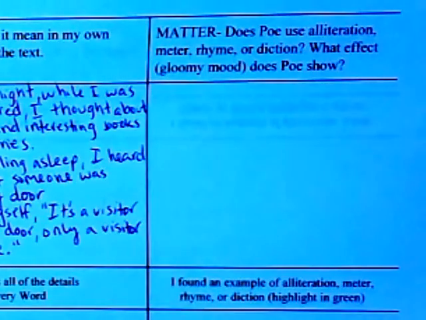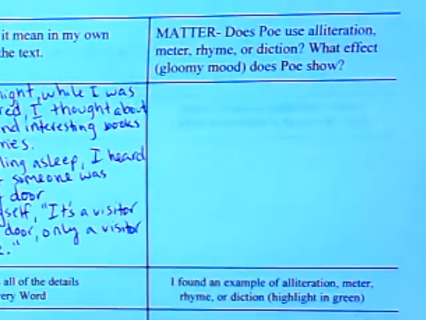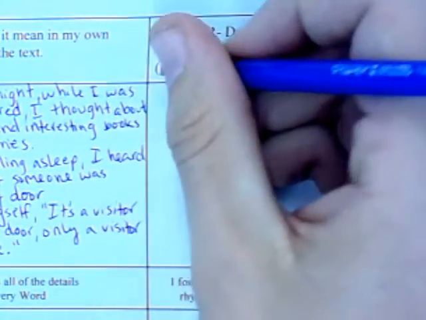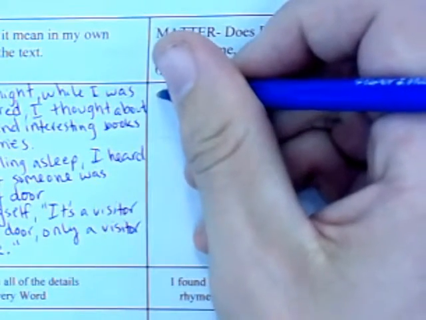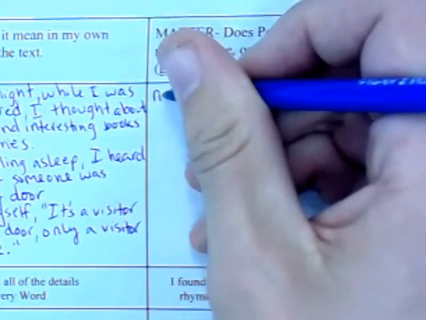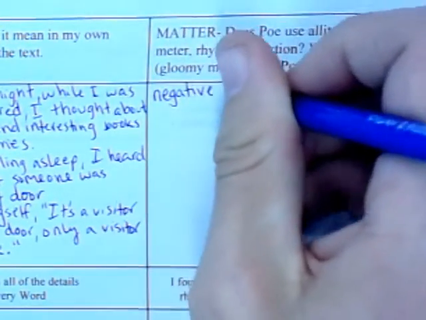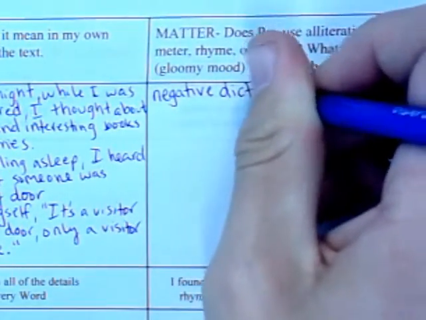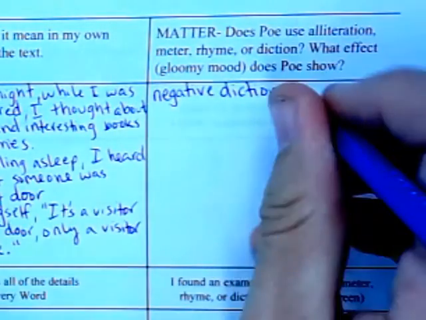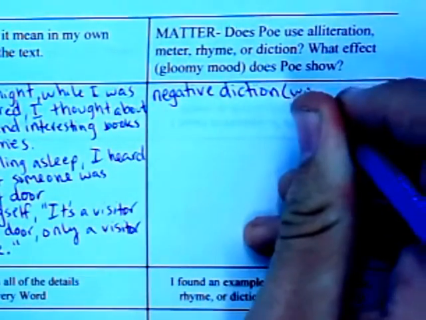Now we're going to look at the matter section, and for the matter section you're looking for the following 3 things. So we're going to look for negative diction, and that means word choice. So we're looking for negative words.